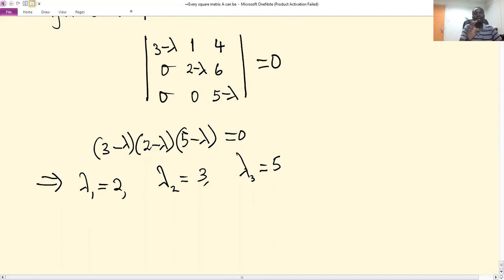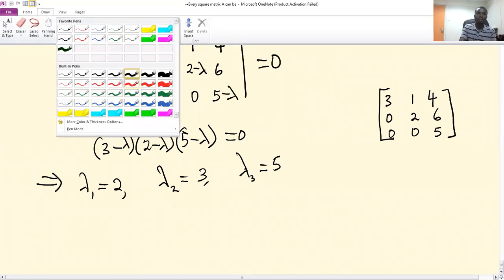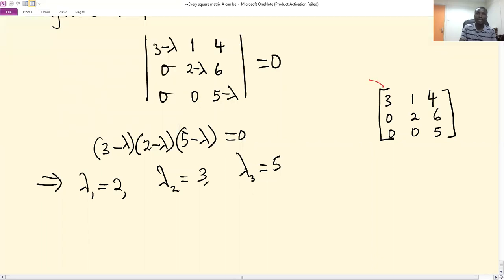So even without writing the characteristic equation, when you see the matrix 3, 1, 4, 0, 2, 6, 0, 0, 5, because this is a triangular matrix, and to be specific, an upper triangular matrix, then to give eigenvalues of this matrix, you don't have to do any calculation.